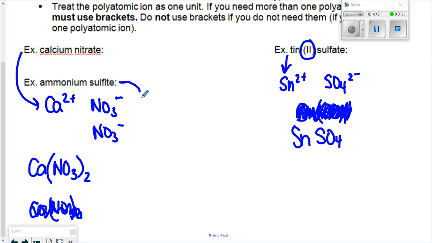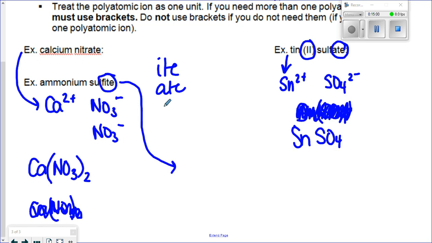Sorry, ammonium sulfite. Hopefully you're seeing that one little spelling mistake can actually make a pretty big difference. So ite versus ate versus ide, so sulfide. These all indicate very different things, so make sure you are spelling things right.